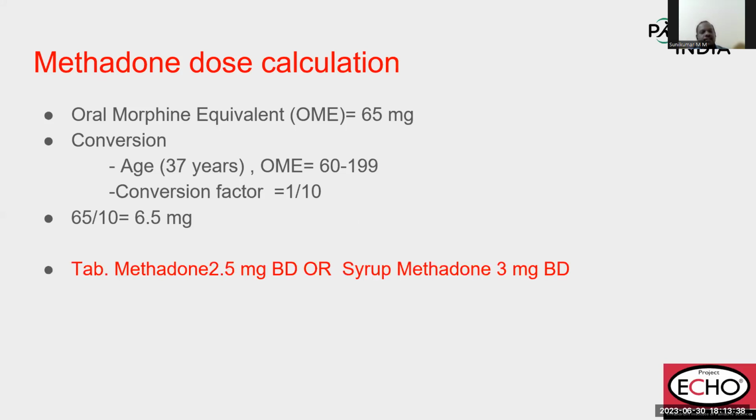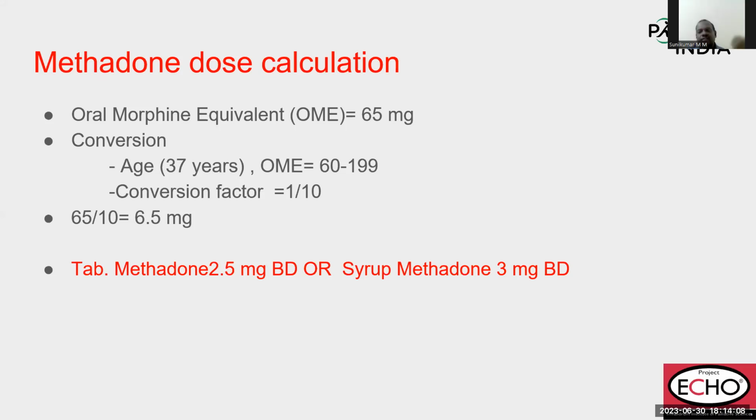If you have only tablets, then you need to start the patient on probably 5 milligram half daily. But if you have syrup, then syrup methadone 3 milligram daily can be started. But we also said that when you start a patient on methadone for the first time, how many days will it take to give pain relief? 5 to 7 days, yeah.